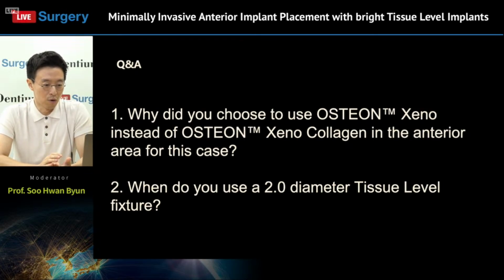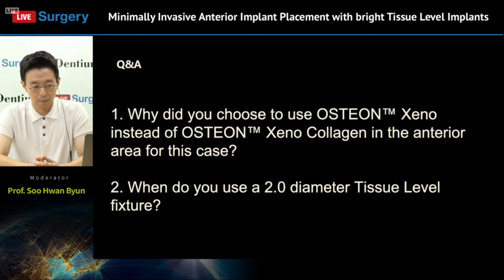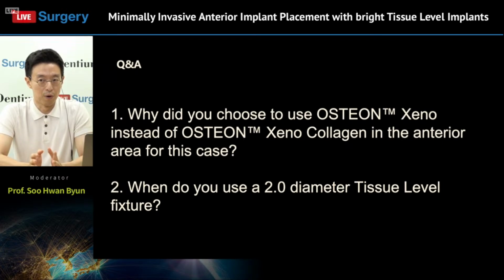While OSTEON Xeno collagen could also be used, the absorption rate of OSTEON Xeno collagen can be difficult to predict. So in this case, to make proper, safe, clinical aesthetic predictability, I used the OSTEON Xeno bone graft material.